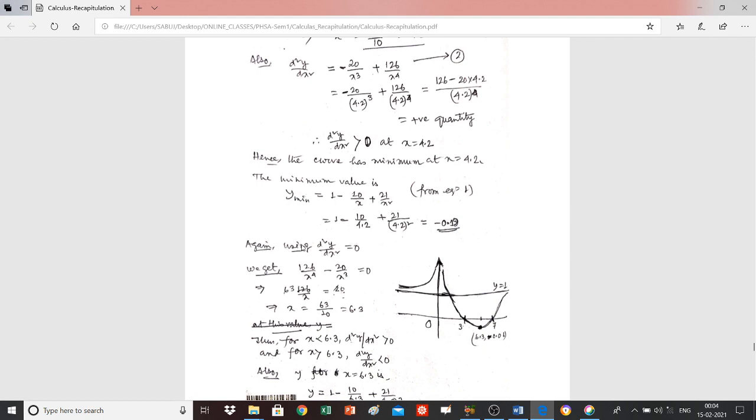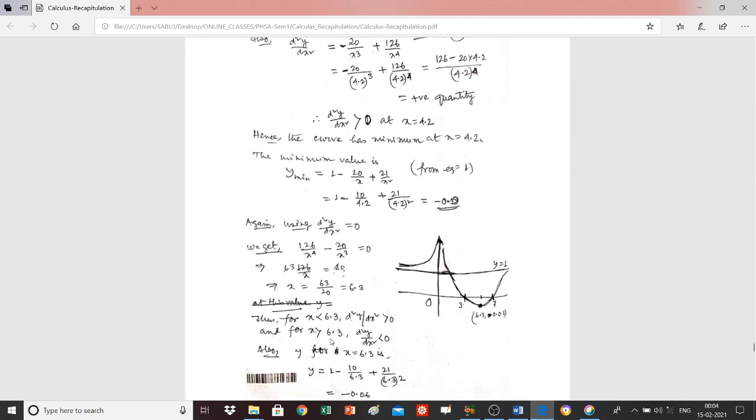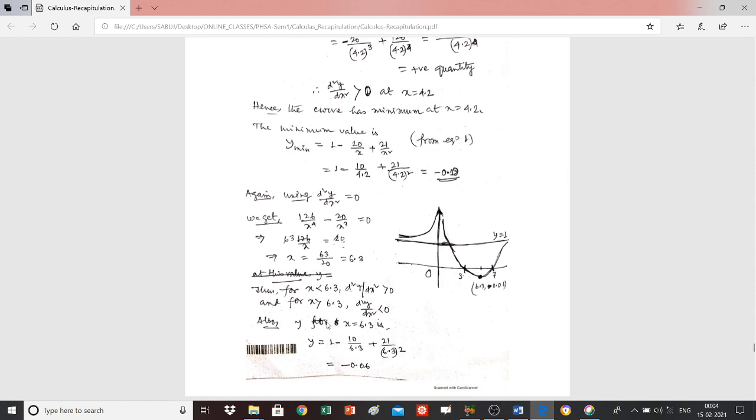So again, using d2y by dx square is equal to 0, since you have obtained d2y by dx square is equal to this, so this is equal to 0. That means from here you have calculated x is equal to 63 by 10, that means 6.3. So you have to calculate y for x is equal to 6.3.